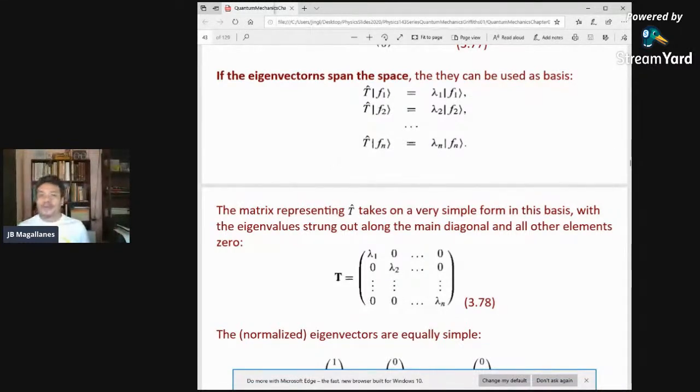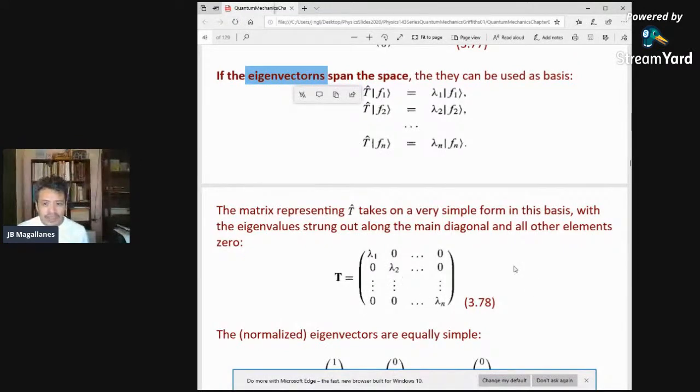With the eigenvectors as the basis, your transformation is simply written in this form. You don't have a very messy transformation matrix because you can just write all the eigenvalues on the diagonal.